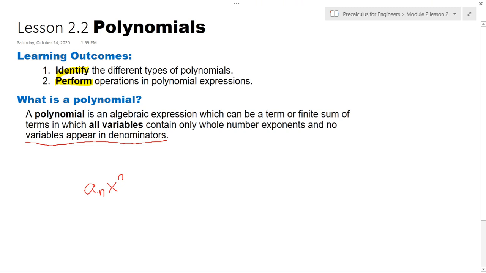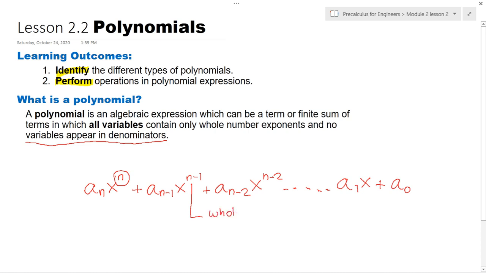We start with the highest degree, n, then it decreases: a sub n minus 1 times x raised to n minus 1, then a sub n minus 2 times x raised to n minus 2, until we get to a sub 1 times x raised to 1, plus just the constant a sub 0. As you can see, again, your exponent here should be a whole number alone.